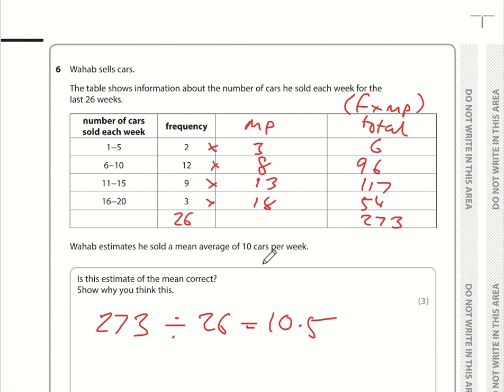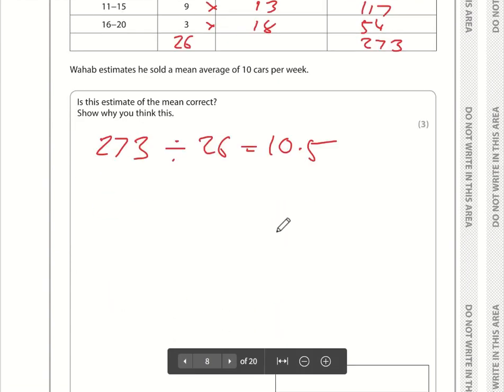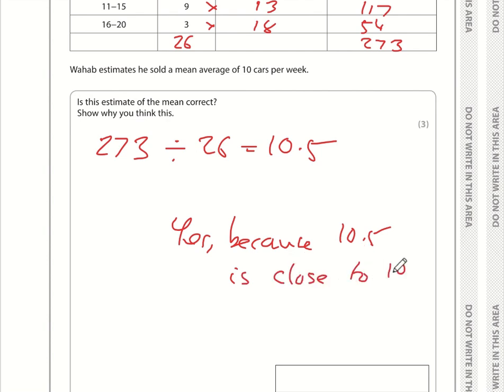So I think Wahab's estimate of 10 compares quite well to 10.5. So is the estimate of the mean correct? I would say yes, because 10.5 is close to 10. I'm sure that's absolutely fine. I think the key part of the question is showing that you get to this value here though.